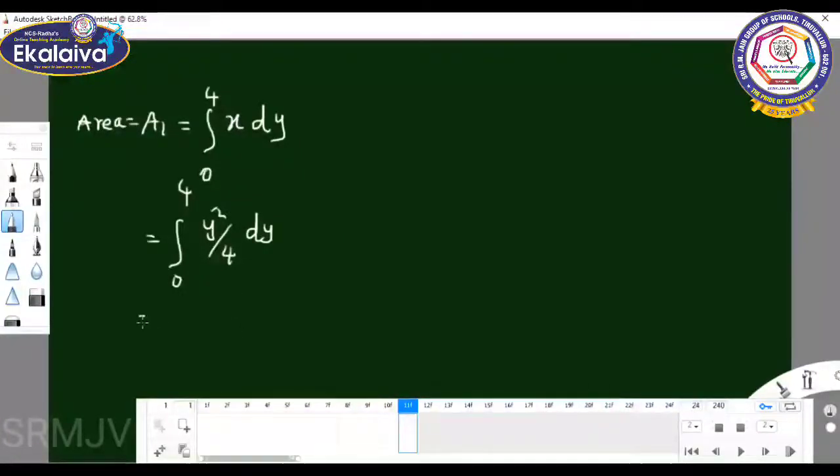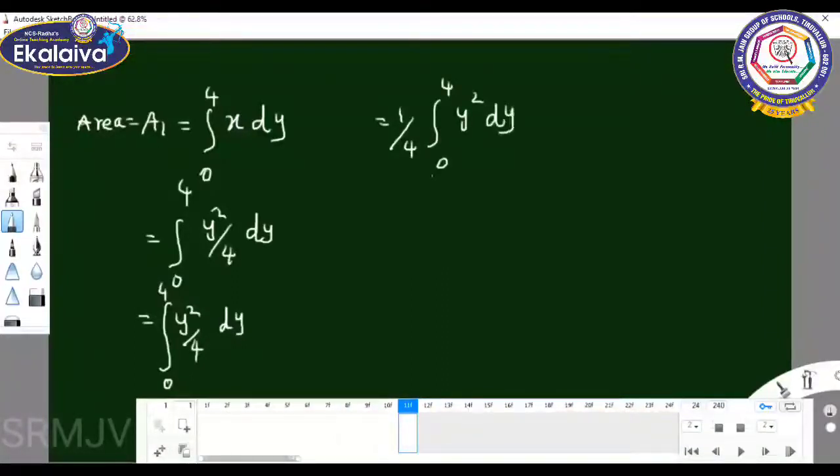So what is the value? You can take 1 by 4 commonly out, so the integral from 0 to 4 of y square into dy gives 1 by 4 into y cube by 3, the limit is 0 to 4.